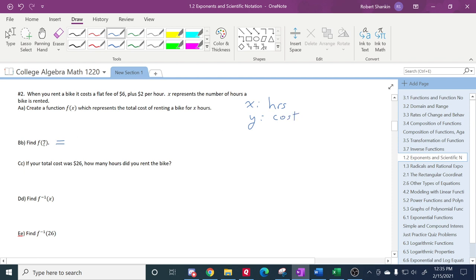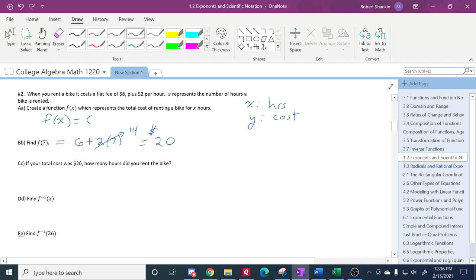If you rented a bike for 7 hours, you have the flat fee of 6 just once, and you have the per hour fee of $2 seven times. So this becomes 14, and you add them together and you get a $20 cost to rent a bike for 7 hours.